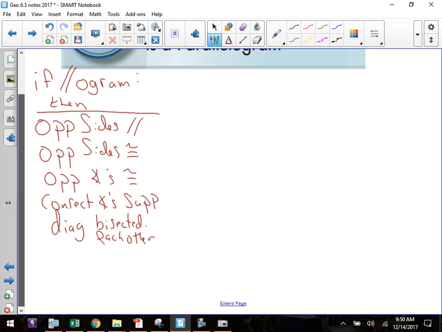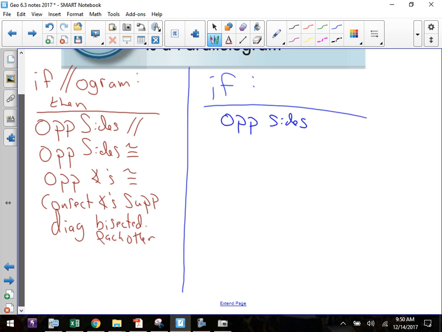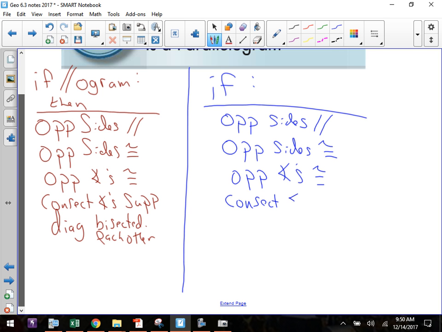Today, we're going to say that if one of the following happens, if opposite sides are parallel, or opposite sides congruent, or opposite angles congruent, or consecutive angles are supplementary, or diagonals bisect each other, then you have a parallelogram.